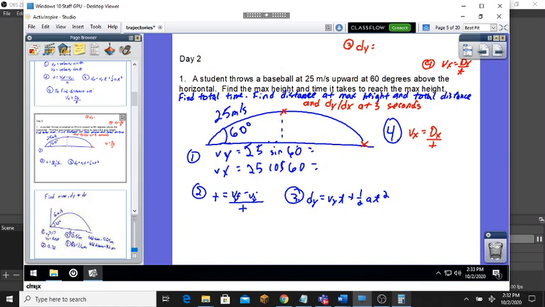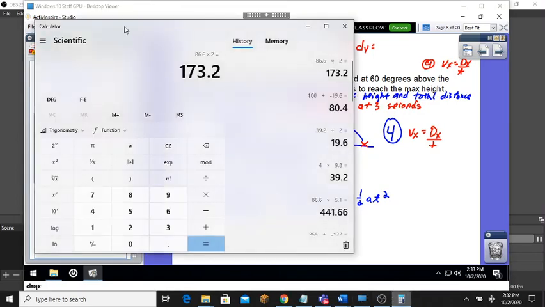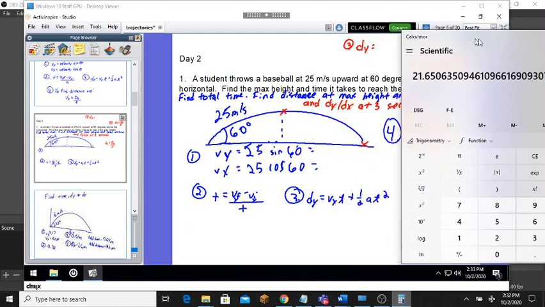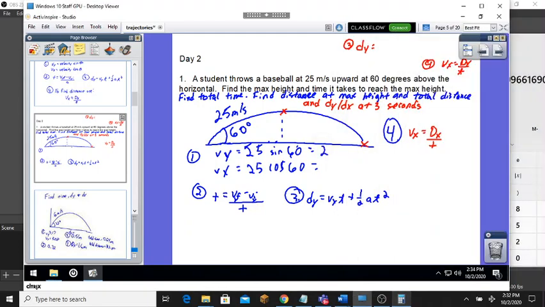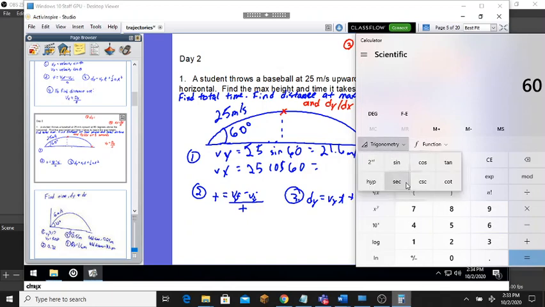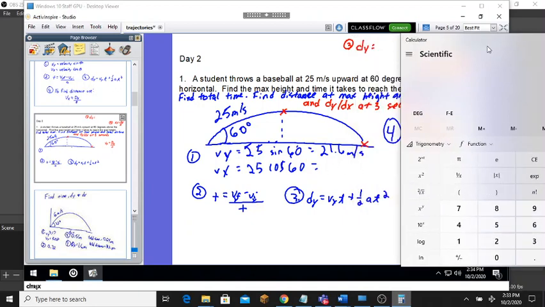Now you'd be surprised as to how much you remember doing these. I know it seems like a lot of stuff, but you see that it starts flowing easier. So here we're going to go backwards. 60 sine times 25, 21.6. The other one is 60 cosine times 25, 12.5.